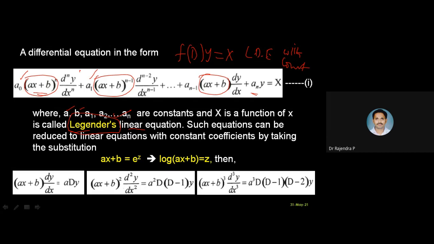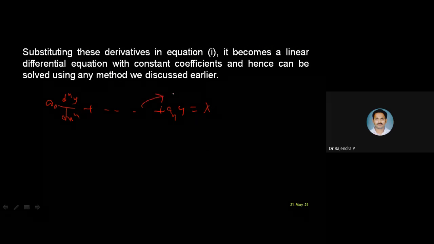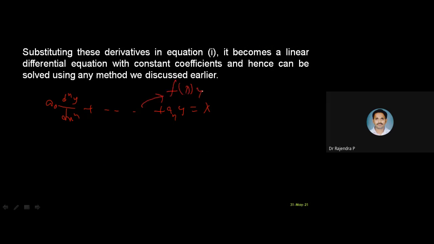If I have constant coefficients, something like a naught d to the power of n by dx to the power of n plus up to an into y, which is equal to x, we write this as f of D into y is equal to x, where D stands for d by dx.